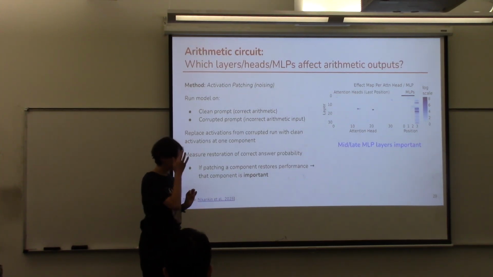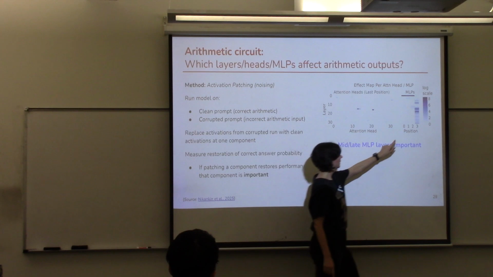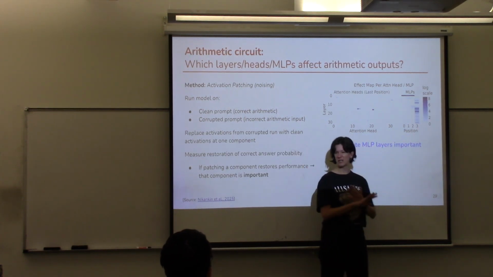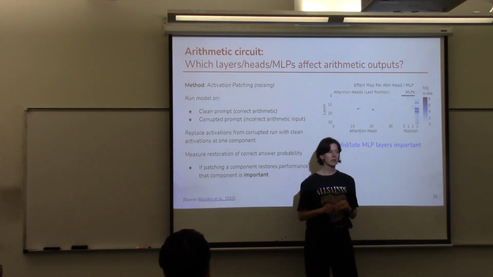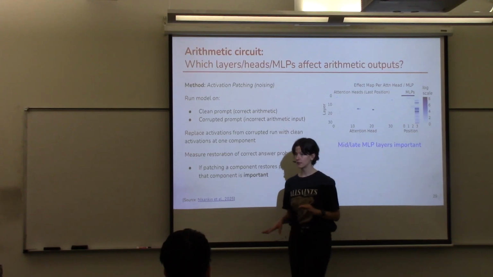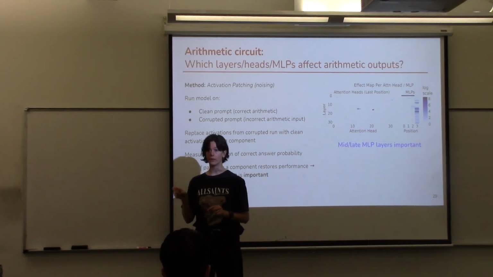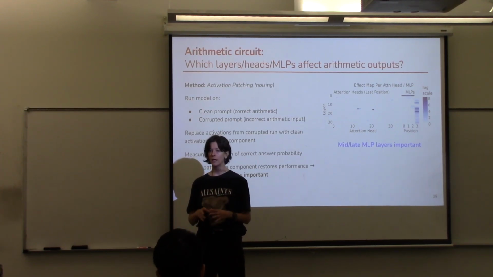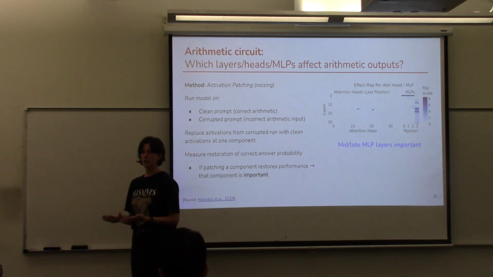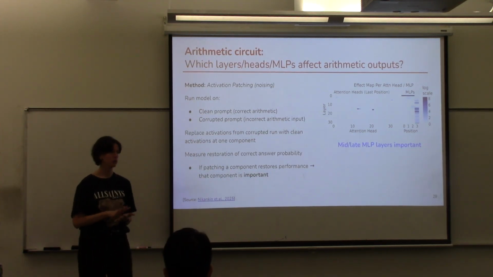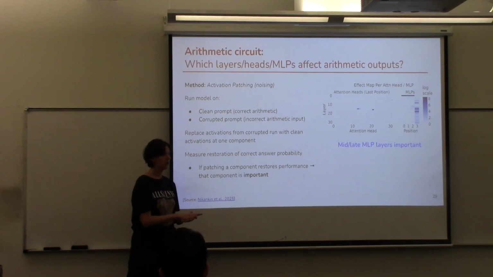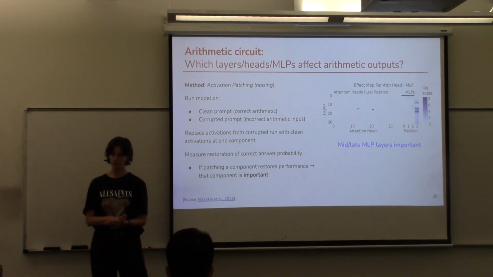So let me just specify this a little bit better. If I say, let's say here, my first MLP is not important, I will pass my entire data set to this model and collect all the representations coming out of that MLP. And I'm going to average them, and I'm going to say this is the mean version of that representation, and I'm going to override whatever that module would actually say the representation of a given token in a given prompt would be with that mean ablated version.